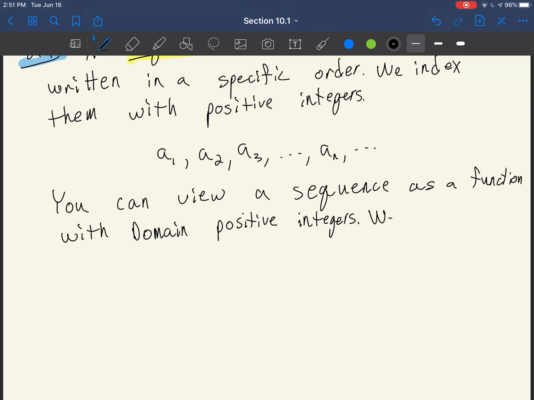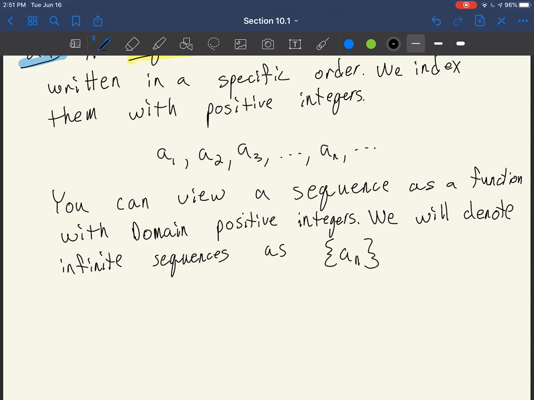So we need to talk about infinite sequences, and we will denote an infinite sequence as a curly bracket, an, curly bracket, and then we do from n equals 1 to infinity.